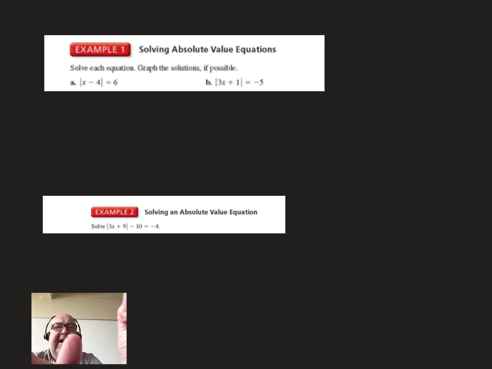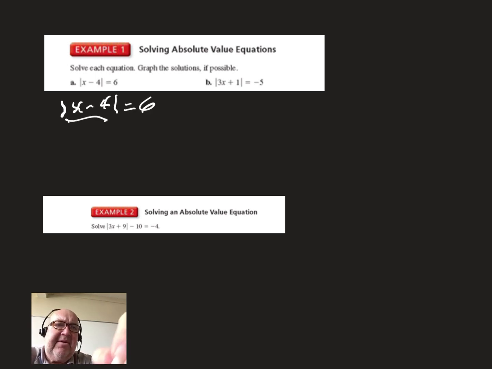So in the first example, I have the absolute value of x minus 4 equals 6. My absolute value is by itself, so I'm going to go x minus 4 equals 6, or x minus 4 equals negative 6.